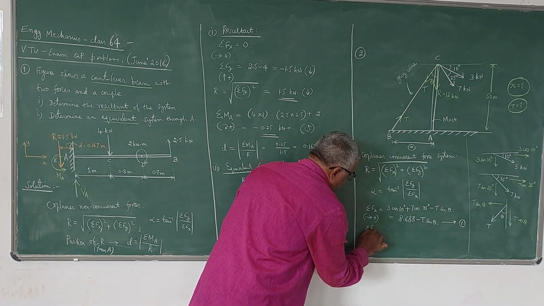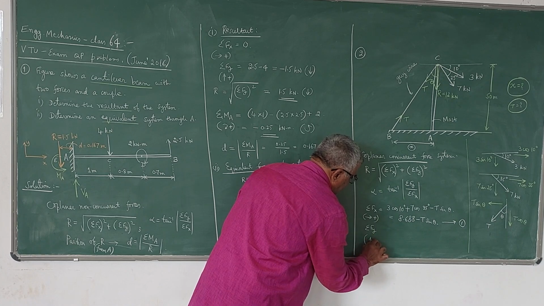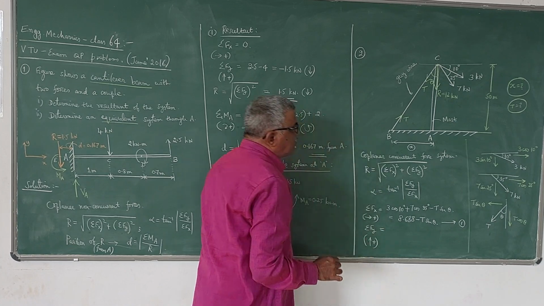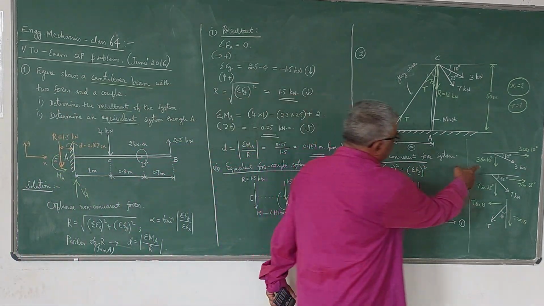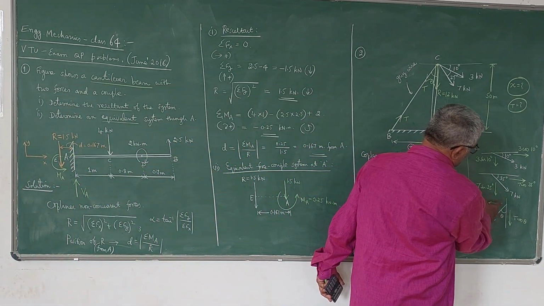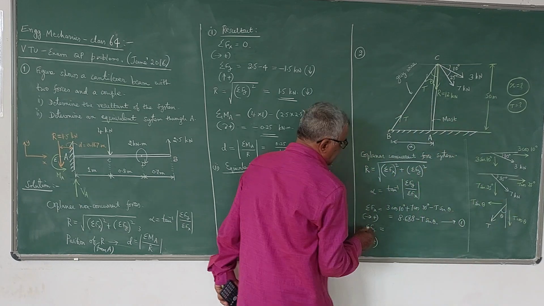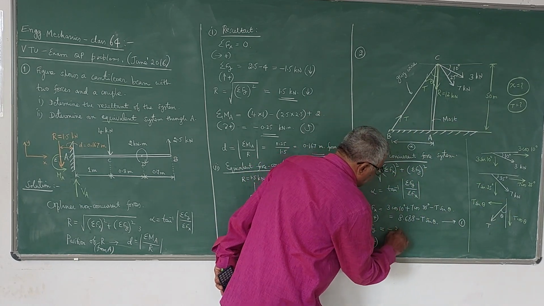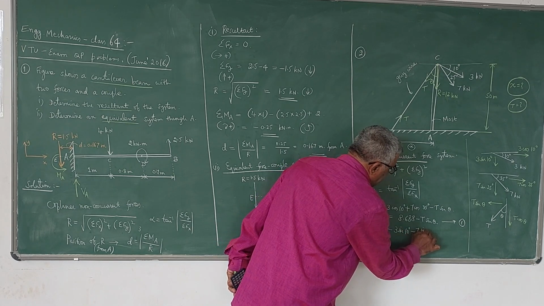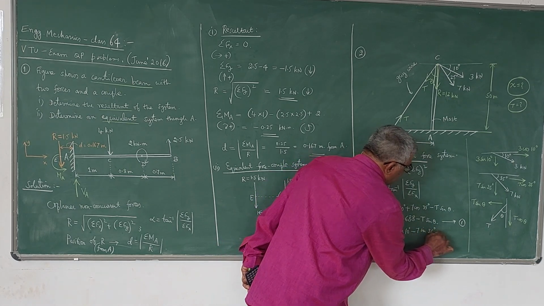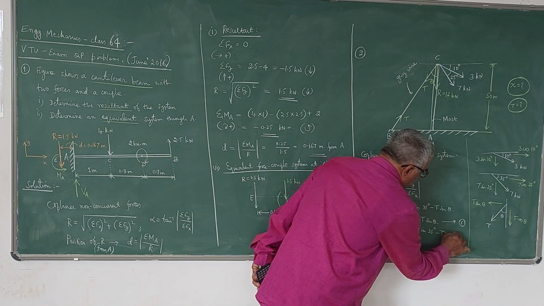Now sigma Fy. For finding sigma Fy, the sign convention is upward force positive, downward force negative. If you observe here, this is negative, this is negative, this is also negative. So minus 3 sin 10 minus 7 sin 35 minus T cos theta.